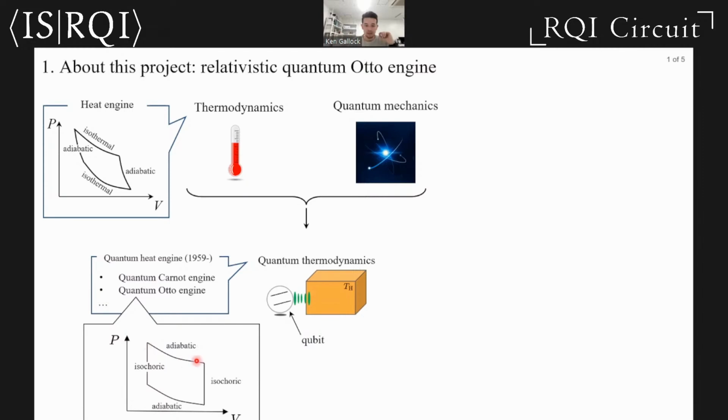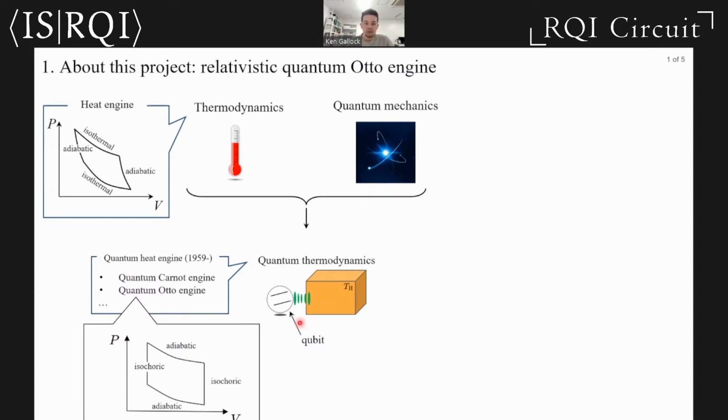This engine is basically a four-stroke engine with two adiabatic and two isochoric processes. It is very popular because you can compute heat and work separately, so it's much easier to analyze the exchange of energy.